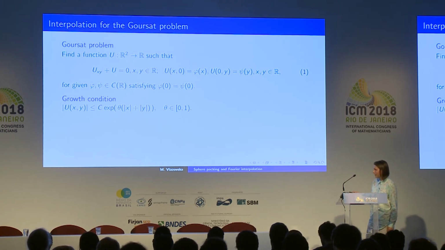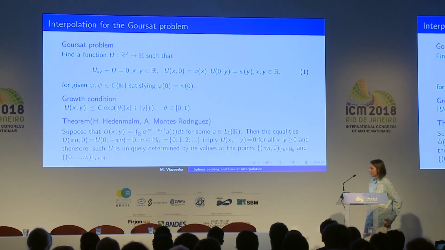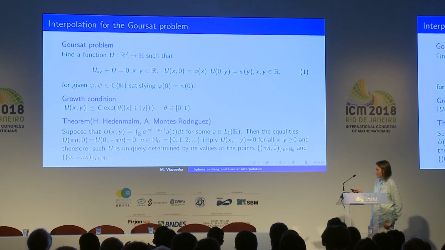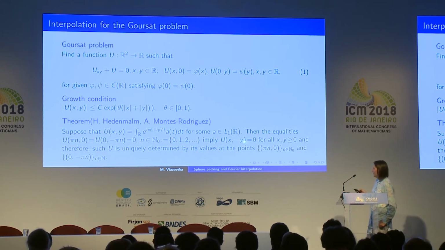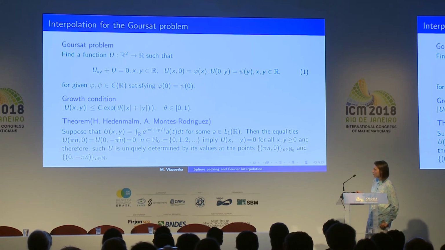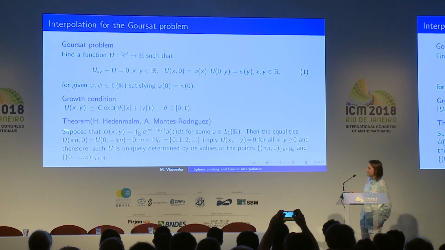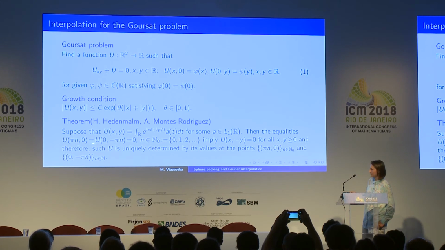There was another interesting result recently obtained by Hakan Hedenmalm and Alfonso Montes-Rodríguez. Suppose we assume that our function is reasonably nice, and if it's reasonably nice, then it can be written in such a way where a is some L1 function. Now suppose that we know our function not on the coordinate cross, but rather on a lattice on the coordinate cross, which is pi times an integer.